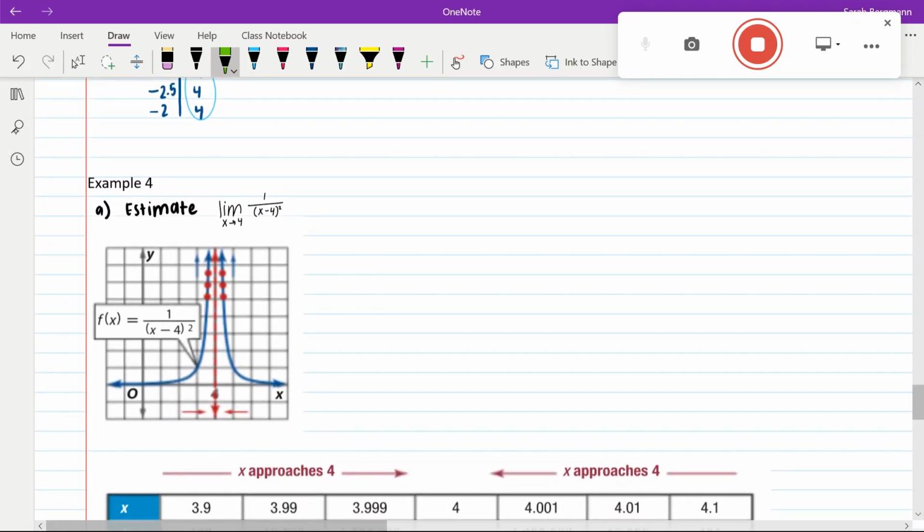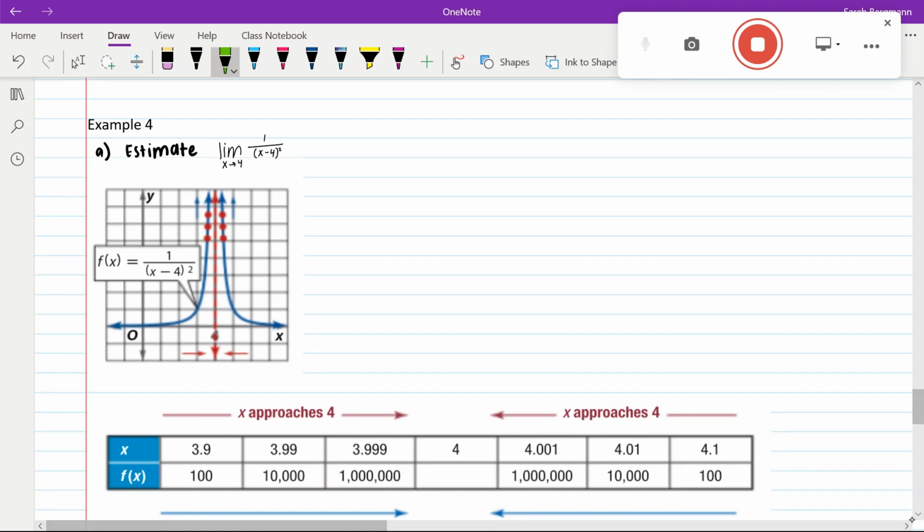Okay, next we're going to look at a few more limits. These are a little different. They're not necessarily approaching a value. So let's say we have this table and this graph. We're looking at the function 1 over the quantity x minus 4 squared. We're looking at as x approaches 4. Notice 4 would not be in the domain of this function because it would give you division by 0.